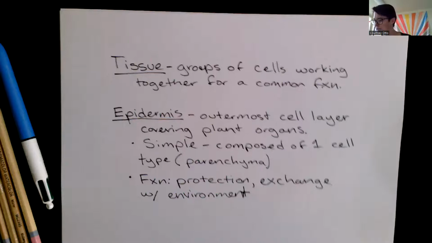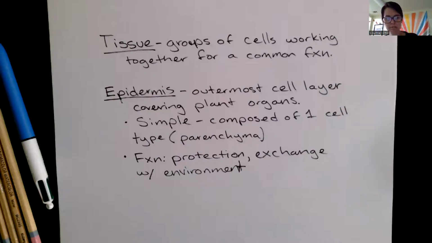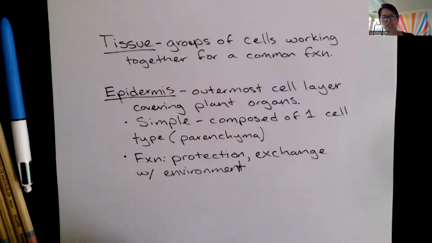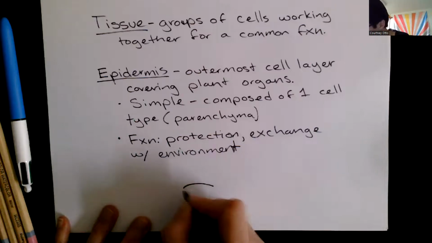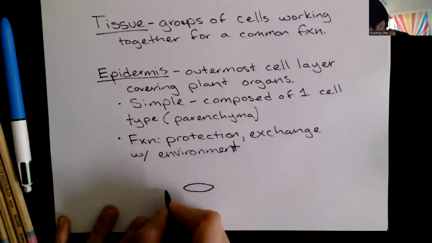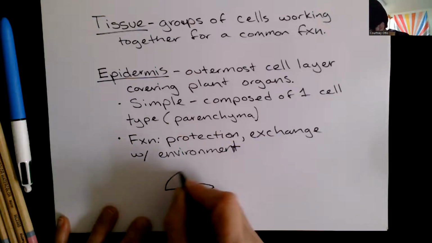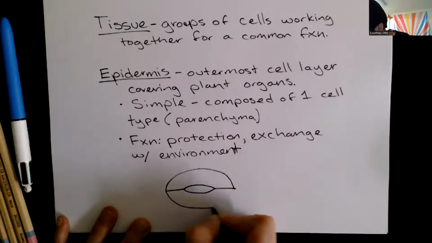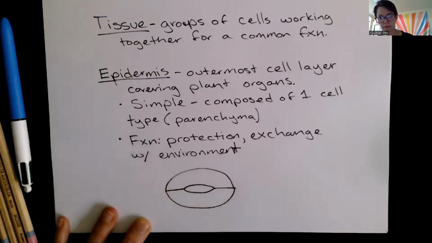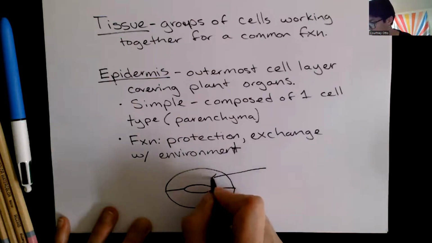Now, we're going to be looking at the epidermis on the outside of leaves, and we're going to see some specialized cells in that epidermal layer that are what we call guard cells. And I'm just going to draw a couple of these guard cells. All right, so these 2 cells right here are guard cells.